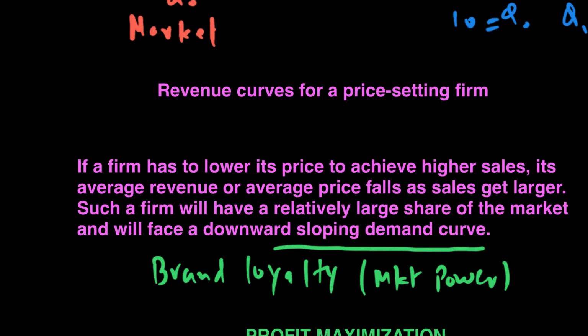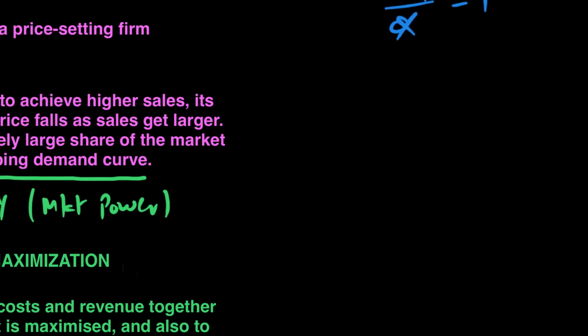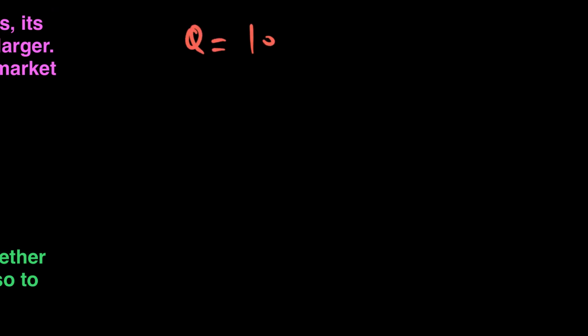One such case would be, let's say your equation is P equals 10 minus Q. So let's come up with the equation of a downward sloping demand curve, which is in fact Q equals 10 minus P. Let's say this is my equation for the demand curve.